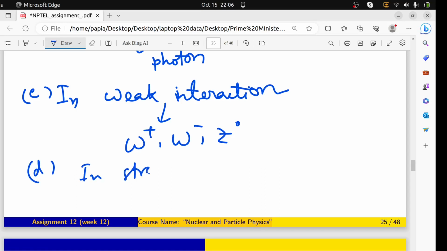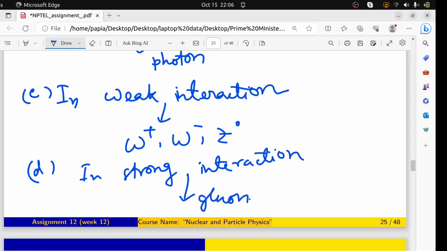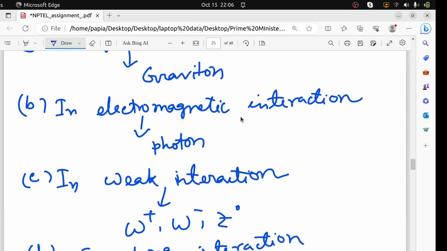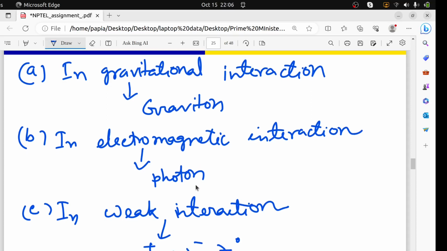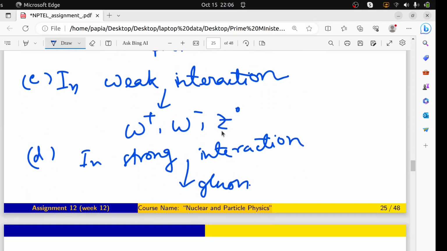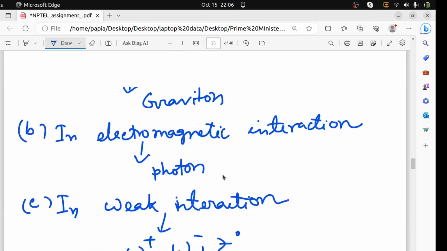In strong interaction, the mediator is the gluon. So in the universe there are only 4 interactions: gravitational, electromagnetic, weak, and strong. Among these 4 interactions or forces, gravitational interaction is mediated by the graviton, electromagnetic by the photon, weak by W plus, W minus, Z0, and strong by the gluon.